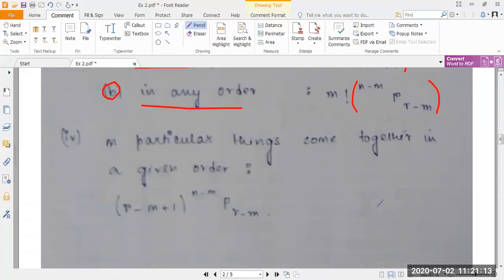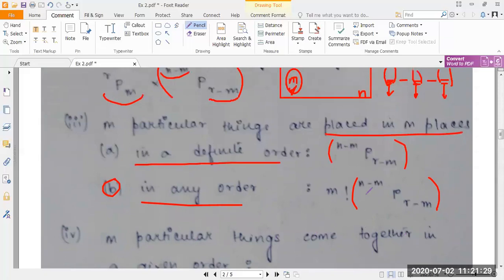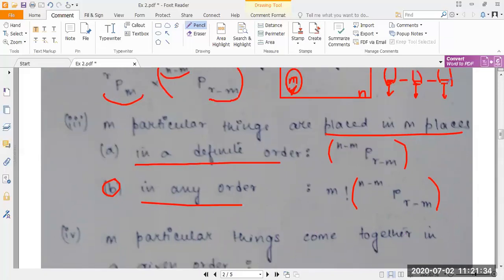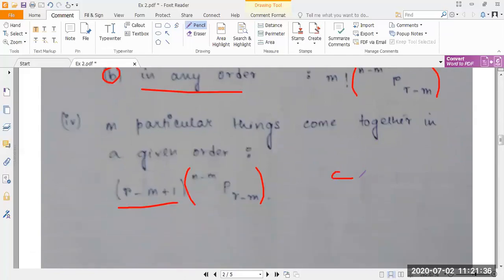The final thing is m particular things come together in a given order. Using the same thought process, I already have n minus m P r minus m. Now these m particular things come together in a given order. So instead of having separate positions for the m things, I have grouped those m things into a separate entity. So let's say I always want my 5 favorite designed balls to be in a separate group.